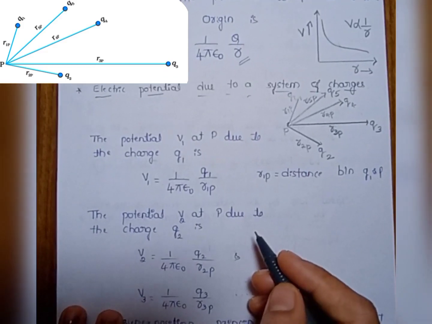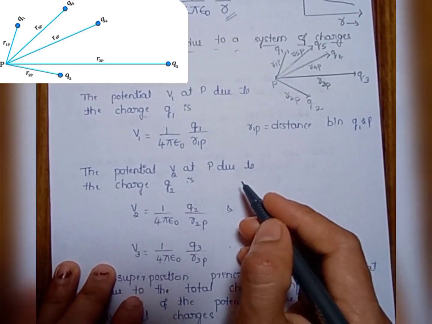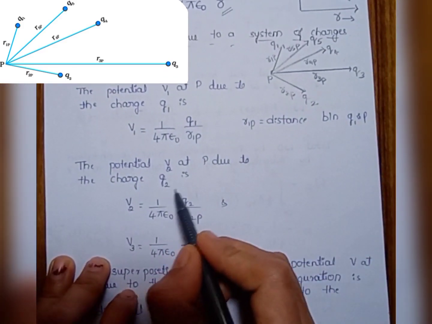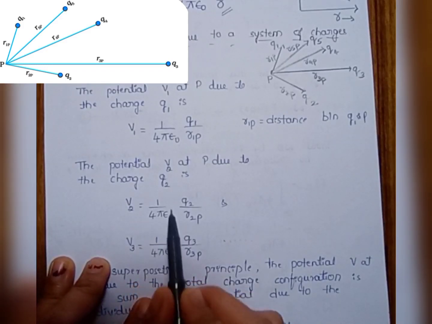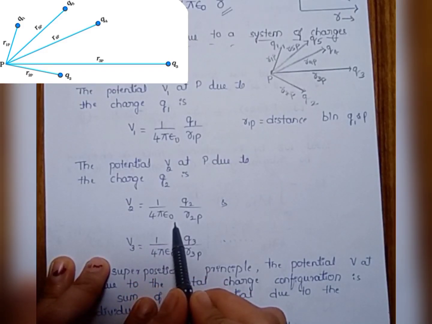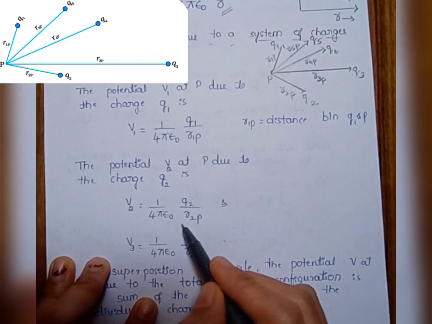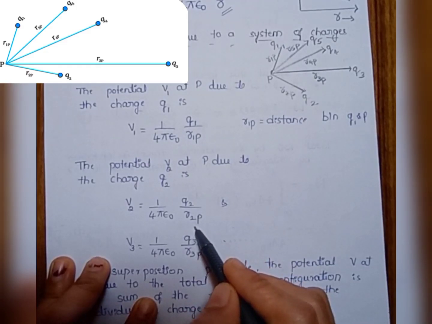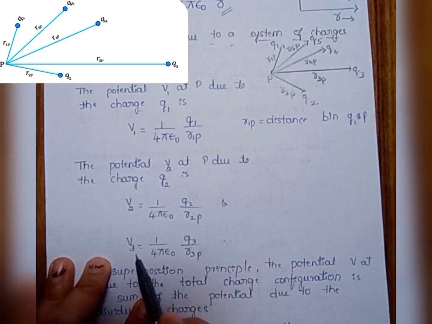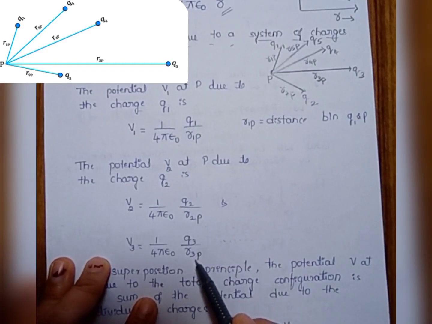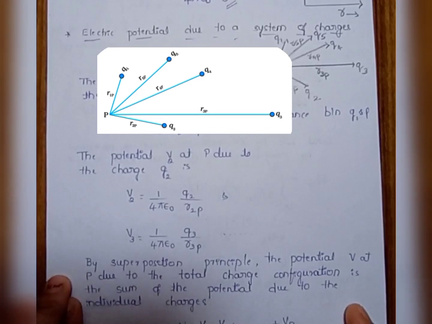Then the potential V2 at P due to the charge Q2 can be written as V2 is equal to 1 divided by 4 pi epsilon naught charge Q2 divided by position vector R2p, and V3 is 1 divided by 4 pi epsilon naught Q3 divided by R3p, and so on.